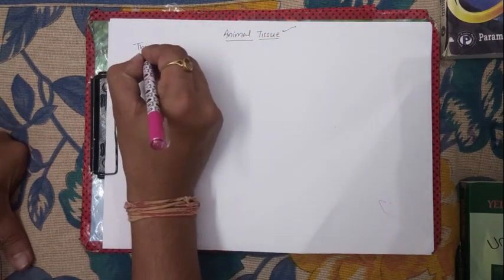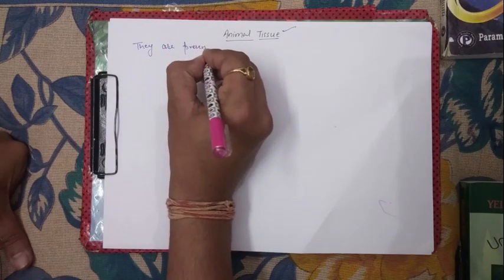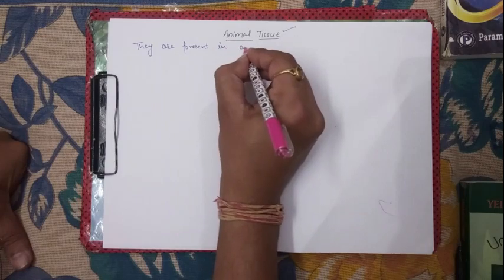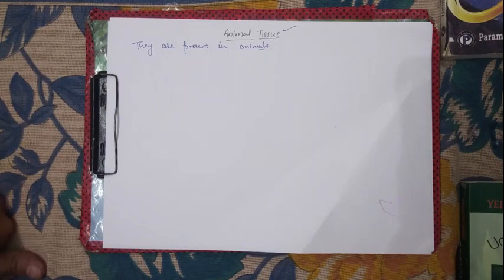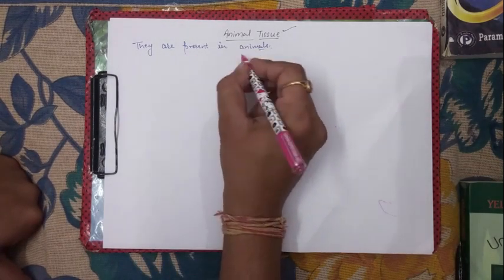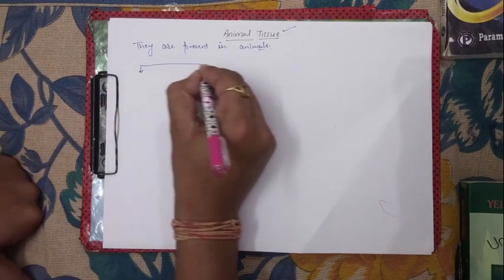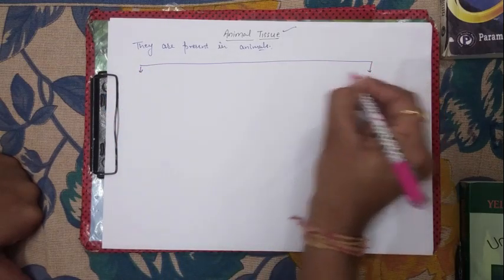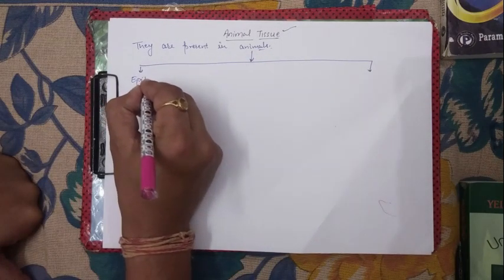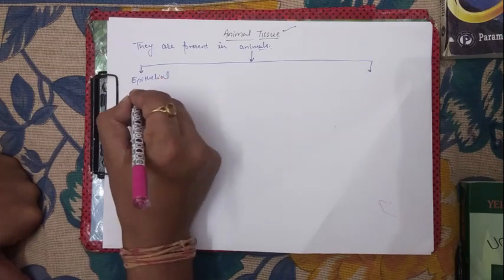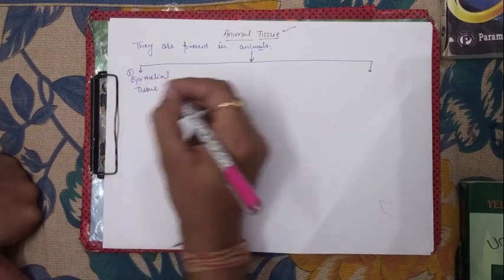They are present in animals, as the name suggests. Animal tissues are categorized as: first, epithelial tissue.